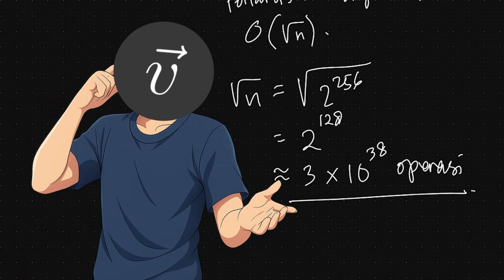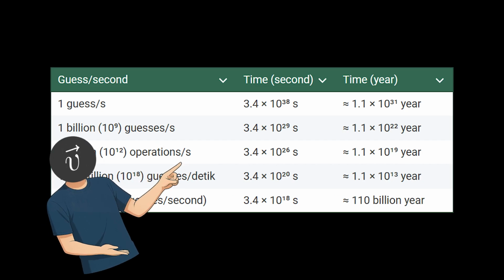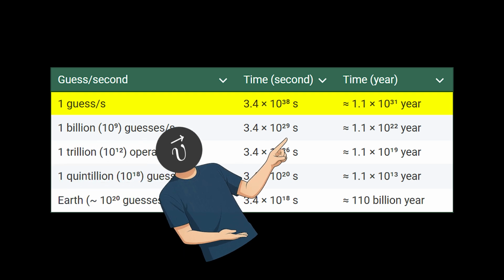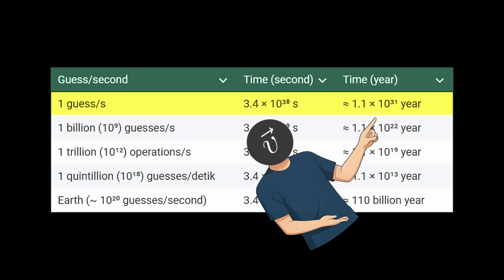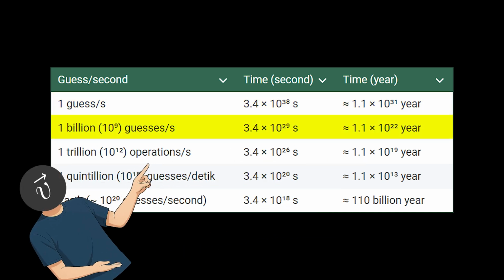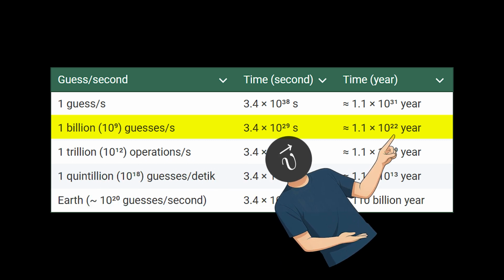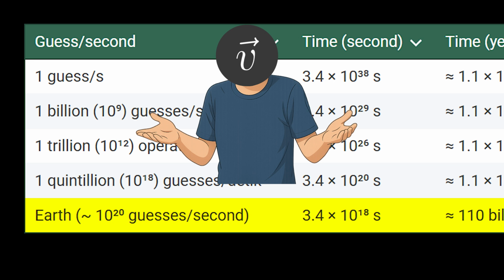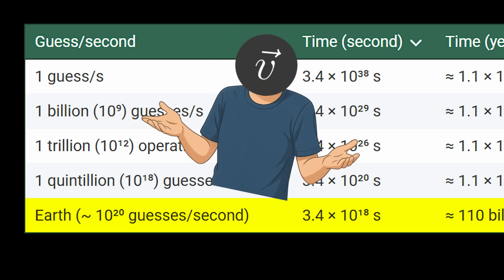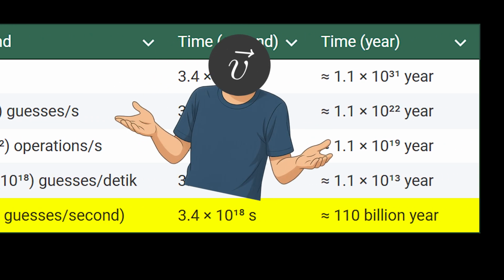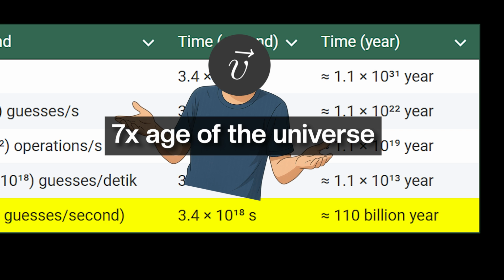Let's put that into real-world time. So even if you tried 1 guess per second, it would take 10 to the power of 31 years. Used 1 billion guesses per second, still 10 to the power of 22 years. Even with all computers on Earth guessing at insane speeds, it would still take 110 billion years, over 7 times the age of the universe.